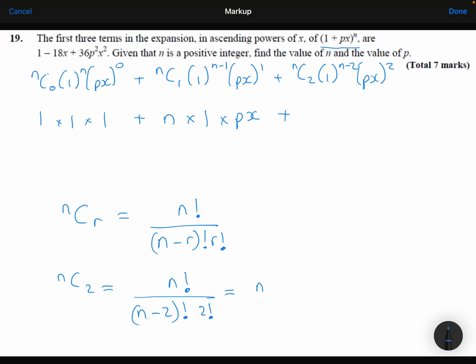N factorial means n times n minus 1 times n minus 2 and so on. N minus 2 factorial means n minus 2 times n minus 3 times n minus 4 and so on. And the 2 factorial means 2 times 1.